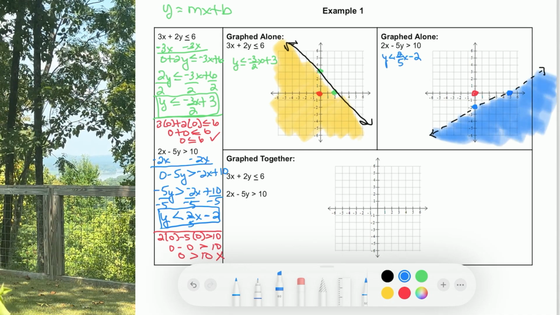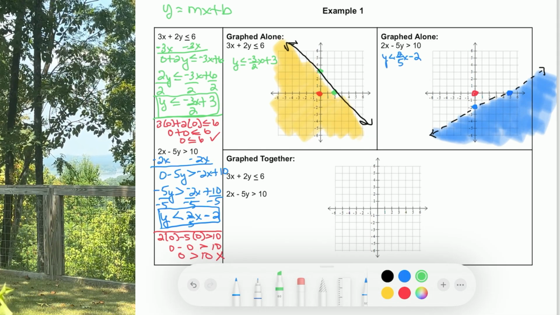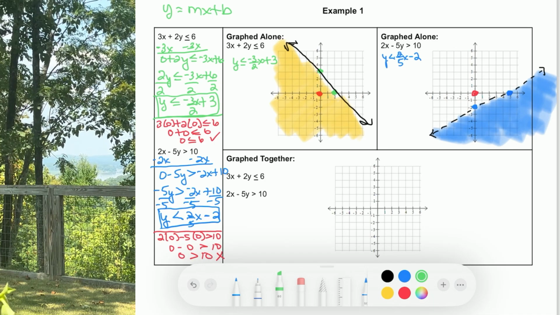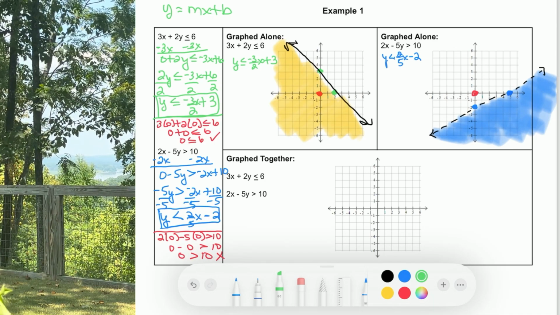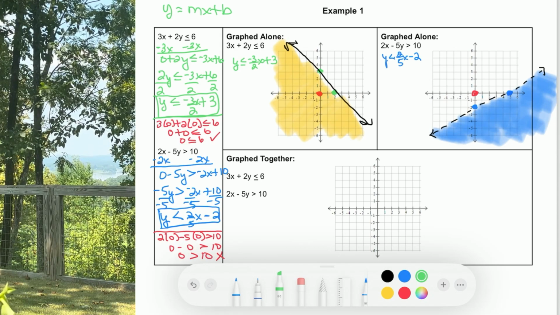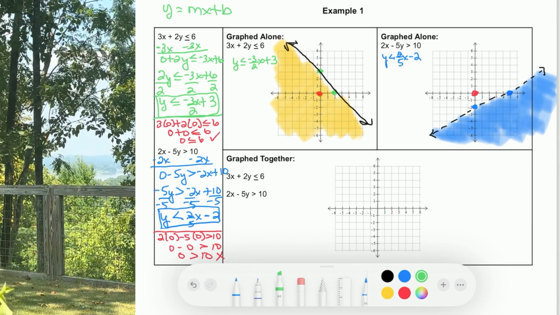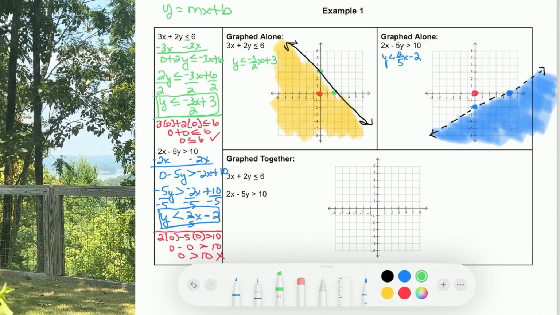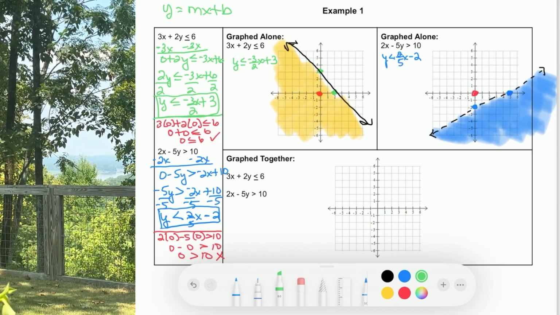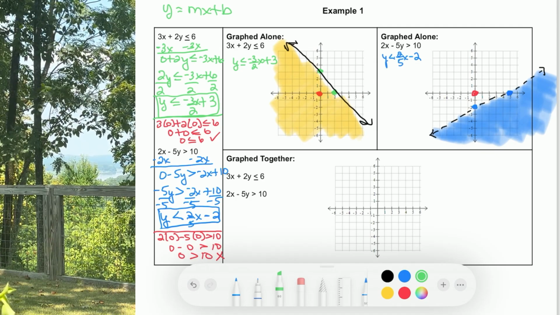All right, now what I want to do is graph both of these lines together on this graph to show you how they interact together and what your answer will actually look like, okay? So the first two is just me showing you them individually, how you had graphed them in chapter 3. But now we're going to take that information and learn the new part of how we put them together.